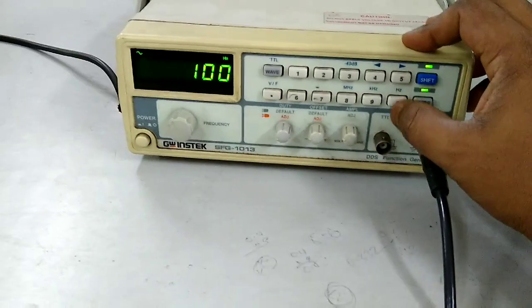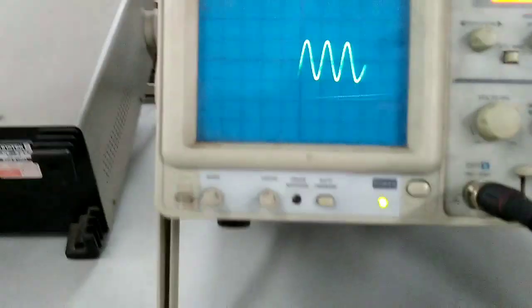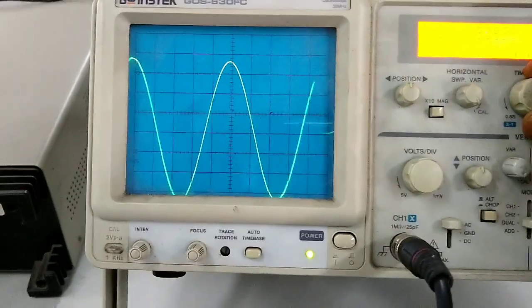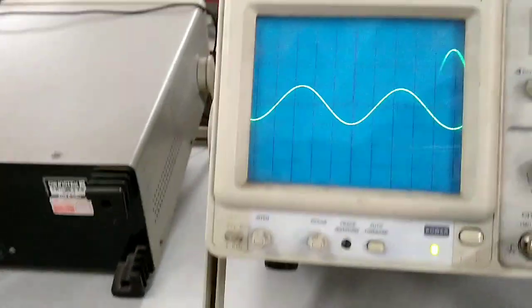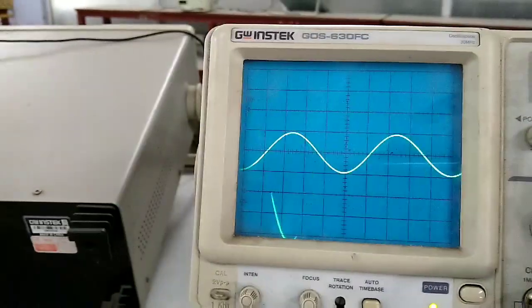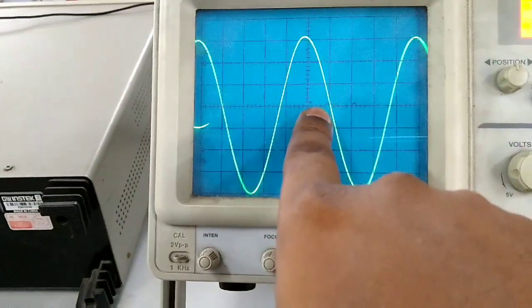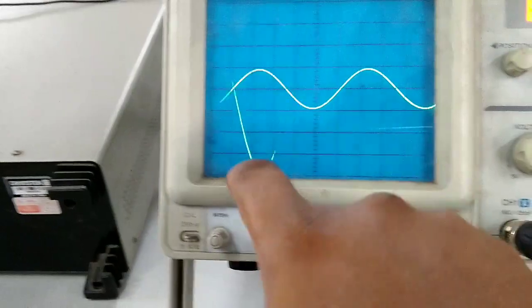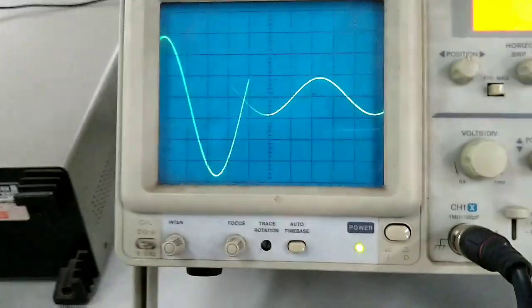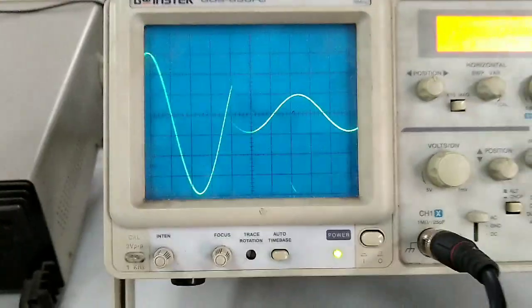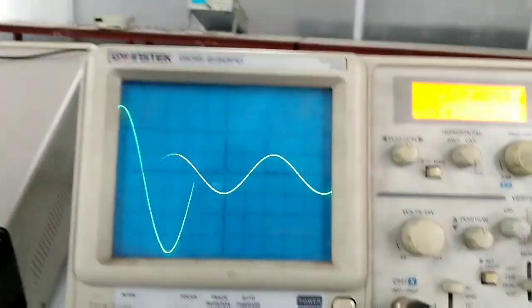Now if we increase the frequency to 100 hertz, see the two sinusoidal waves. This is our output, this is our input, and the bigger one is the output. So the output voltage is increasing.